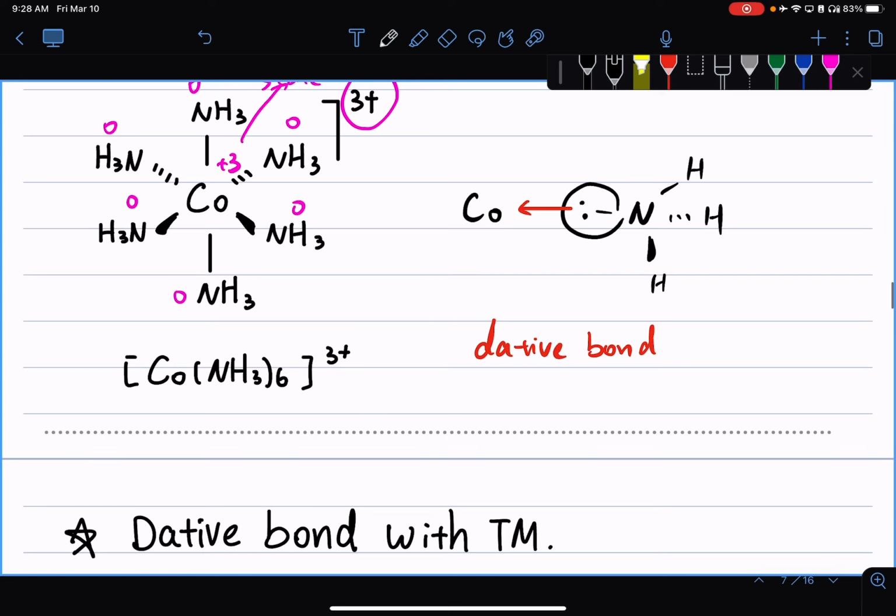All right, so what we have here is again depicting this specific chemical bond. If we cleave this chemical bond and both electrons go to the NH3, your NH3 with the lone pair is again a neutral species.